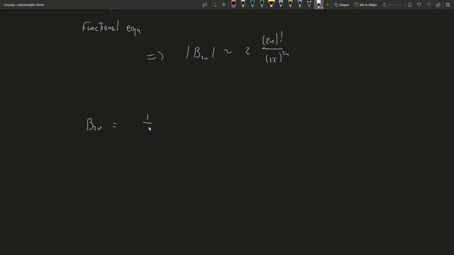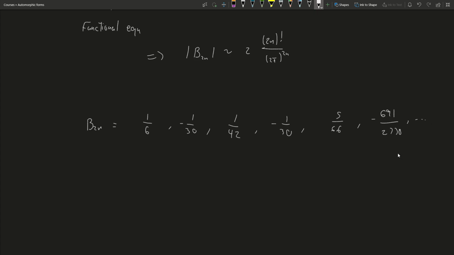So the values of the Bernoulli numbers at the even integers after 0: B0 is 1, and then you get 1/6, minus 1/30, 1 over 42, and you might think that these are going to 0, and then minus 1 over 30, and then you have 5 over 66, and you have minus 691 over 2730, dot dot dot.